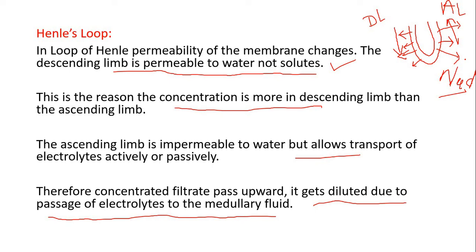If we add water to a concentrated solution, it becomes diluted. That's why I have written: concentrated filtrate passes upward, that means into the ascending limb, and gets diluted due to passage of electrolytes to the medullary fluid.